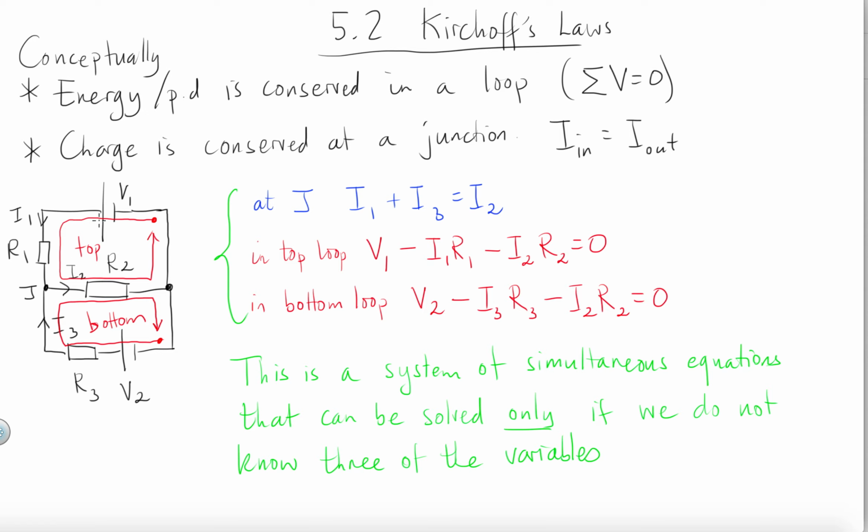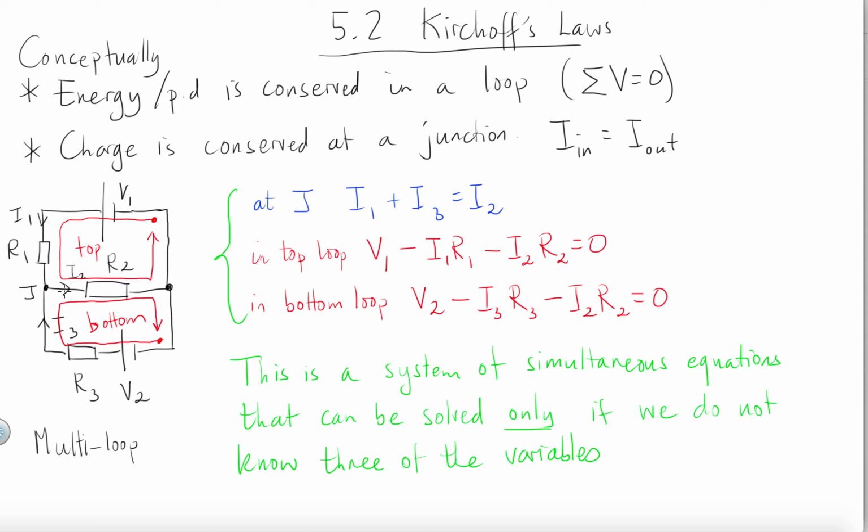So look at this example multi-loop circuit. We have a top loop with a cell V1, we have a resistance R1, then we have a middle section with a resistor R2, then connected up again to the cell again.